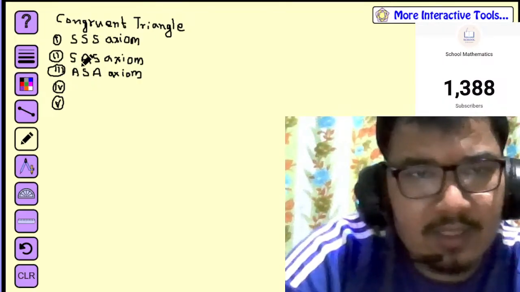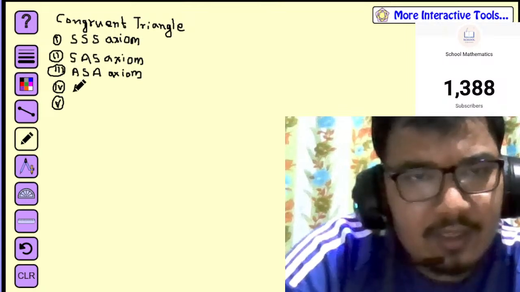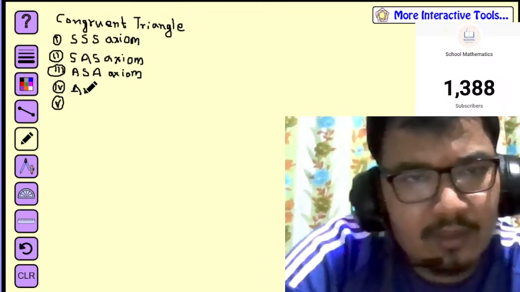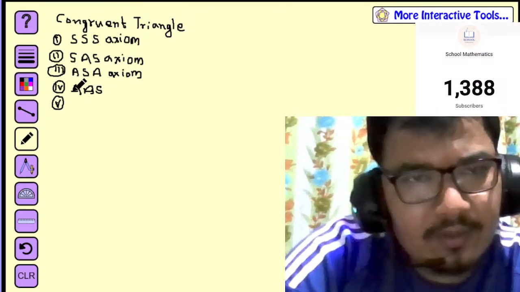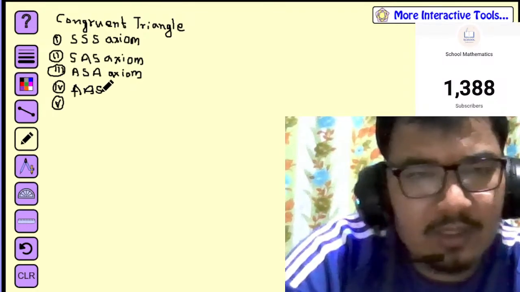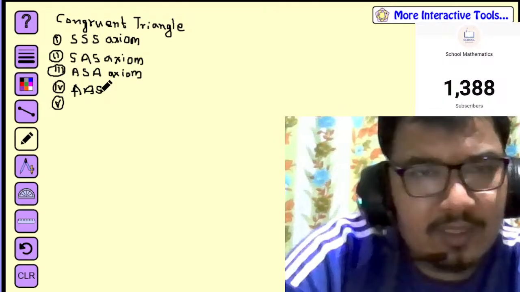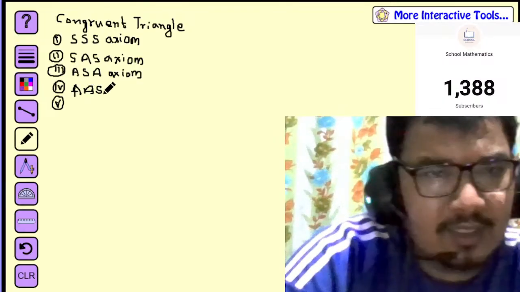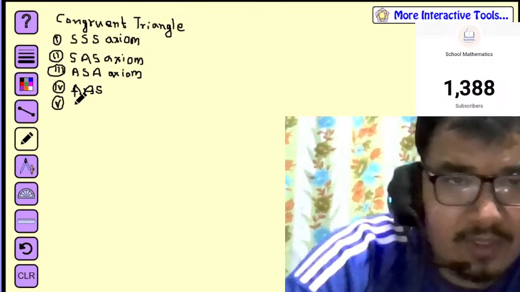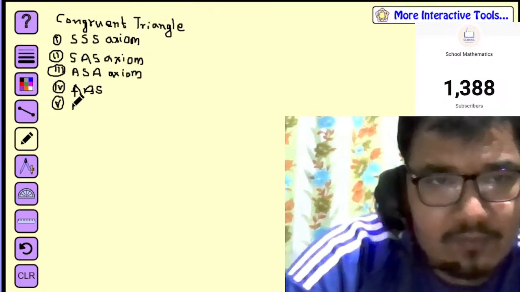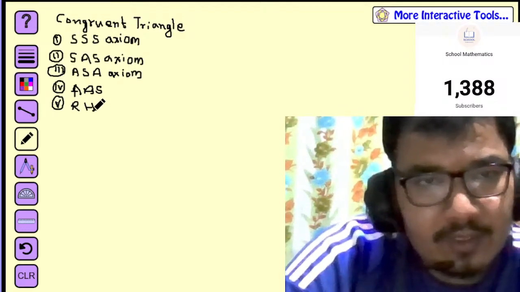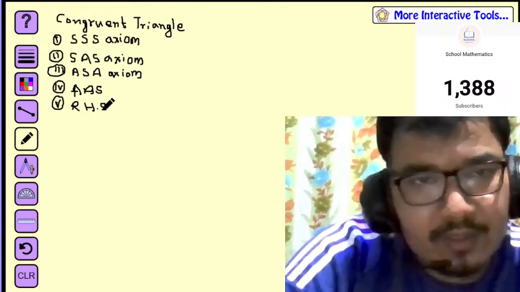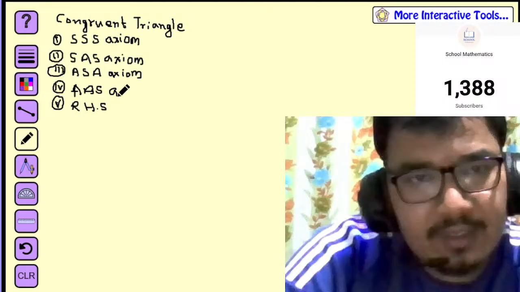First I told SSS, then SAS, then ASA, then the fourth one is angle, side, angle, and this we can also write as AAS, also SAA. AAS and SAA are the same. And the final one is the right angle, hypotenuse, and side axiom.